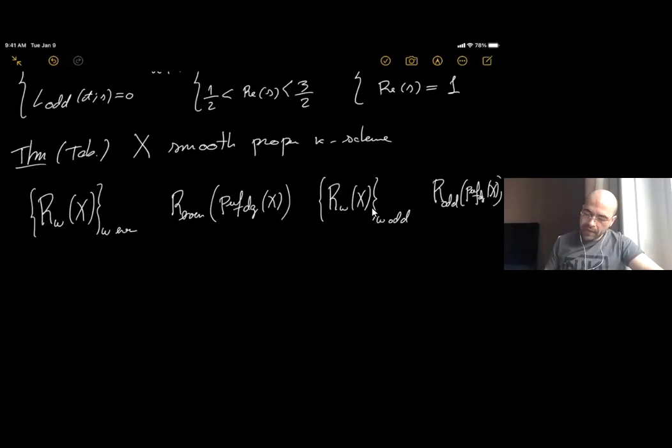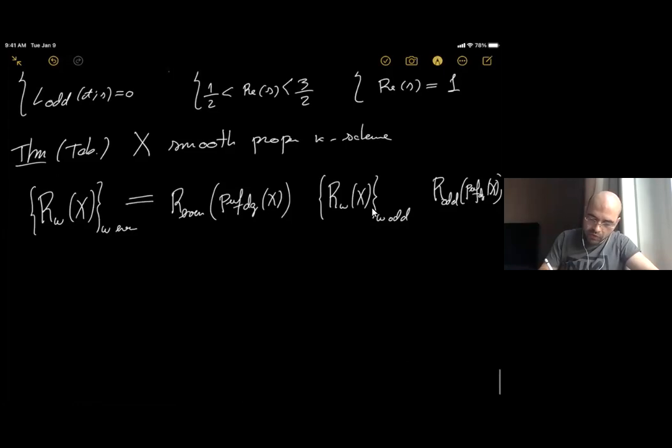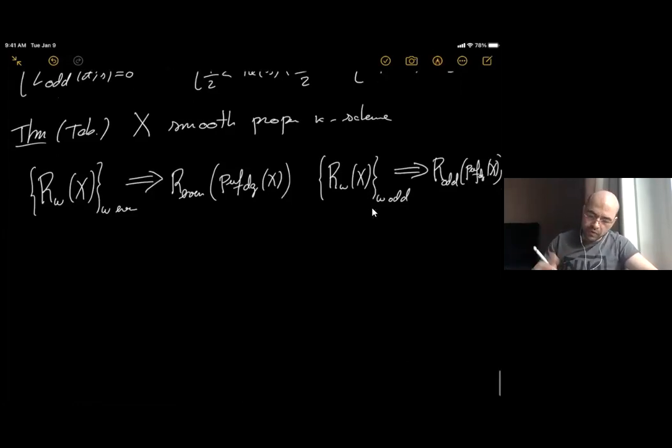What turns out is that if the commutative generalized Riemann hypothesis holds, then the non-commutative version also holds, but also the converse holds.